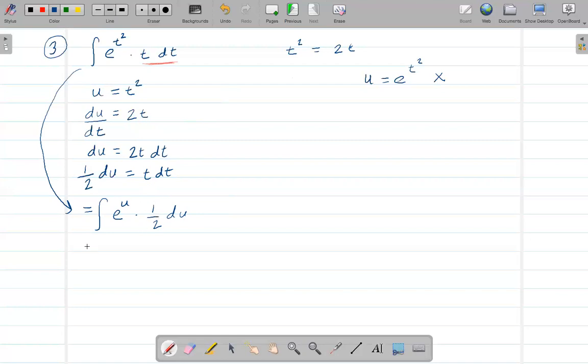Again, I can take that out. There you go. Now this is much simpler to integrate, right? So from here, I will get 1/2 e to the power u plus c, right? There must always be plus c, some constant. Now again, I can substitute this u back to t, so 1/2 e to the power t squared plus c. So this is the final answer.